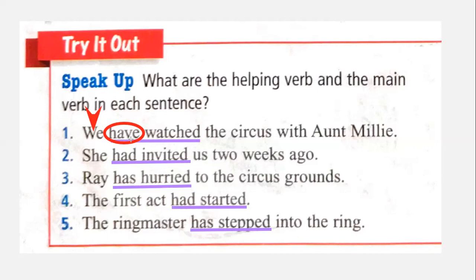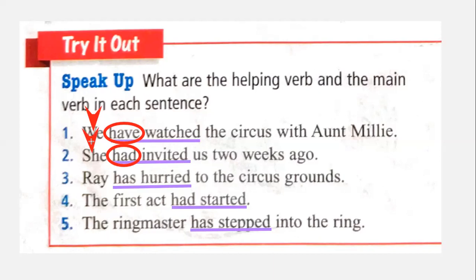Okay. So let's go to number two. For number two, identify the helping verb. Yes, had. Had is the helping verb here. And now I want you to look at the subject. She. She is a singular subject.